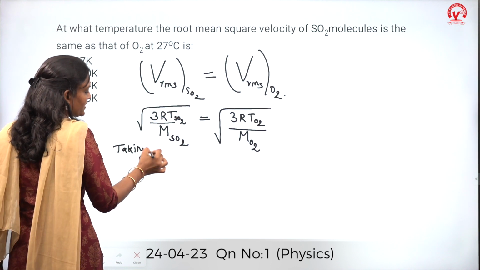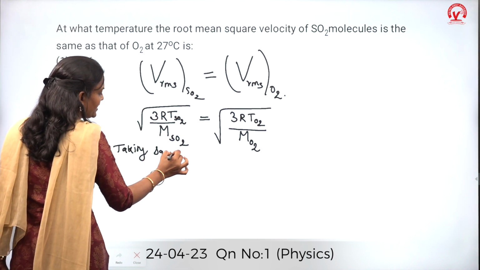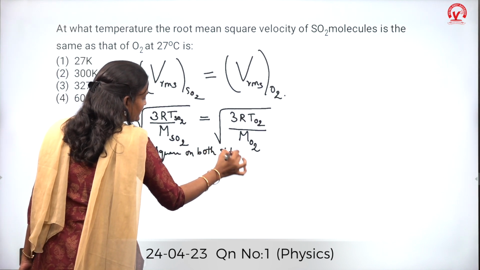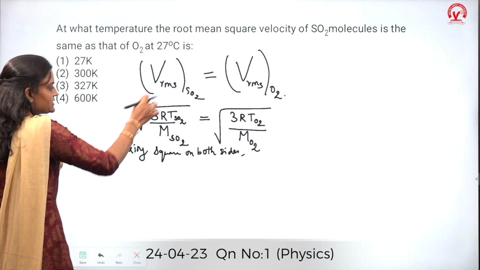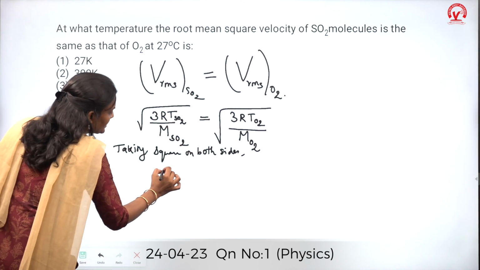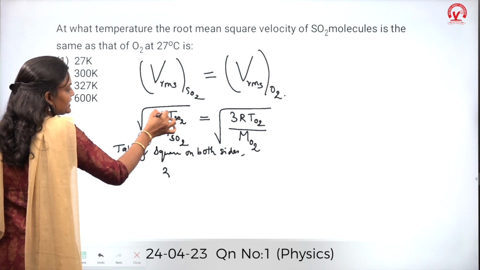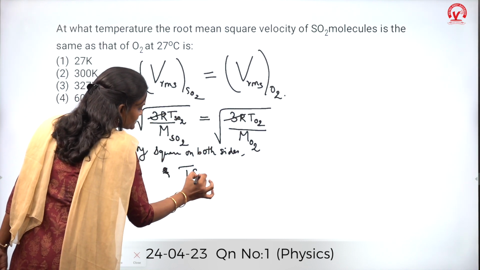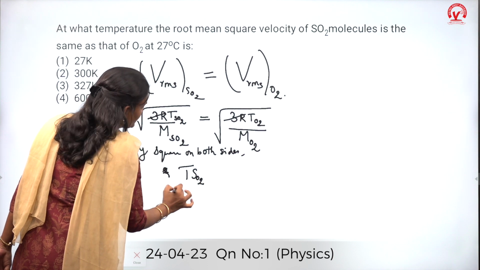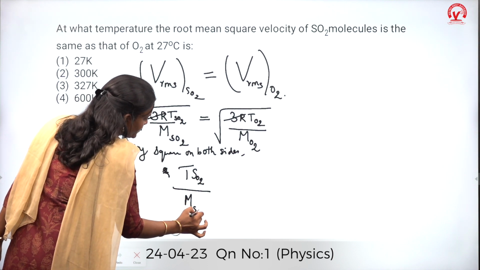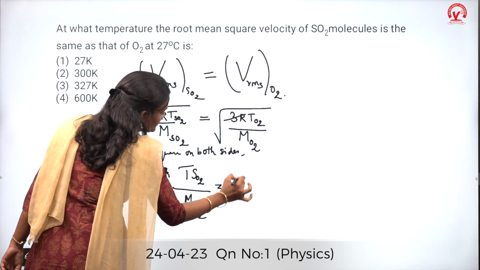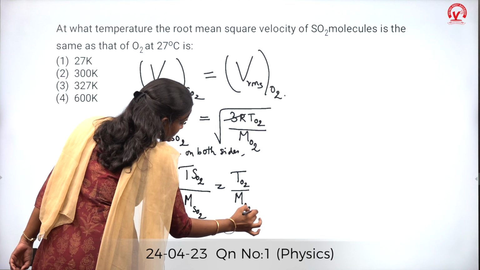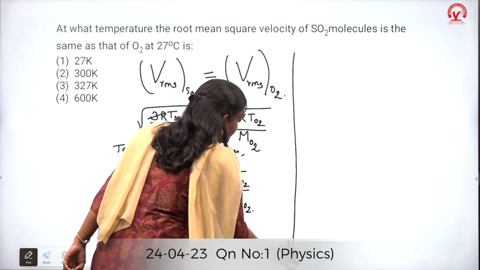Now taking the square on both sides, the square root gets cancelled, and 3R gets cancelled. This gives T of SO2 divided by M of SO2 equal to T of O2 divided by M of O2.